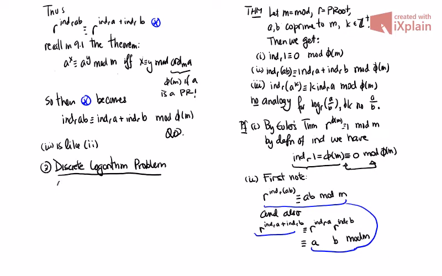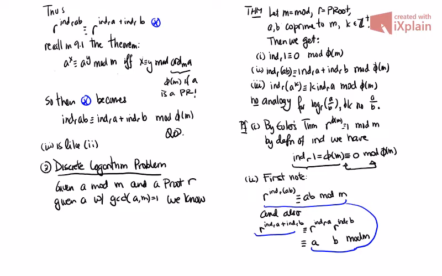Suppose you're given a modulus m and a primitive root r, and then given an a with GCD of a and m being 1, we know that the index base r of a exists.